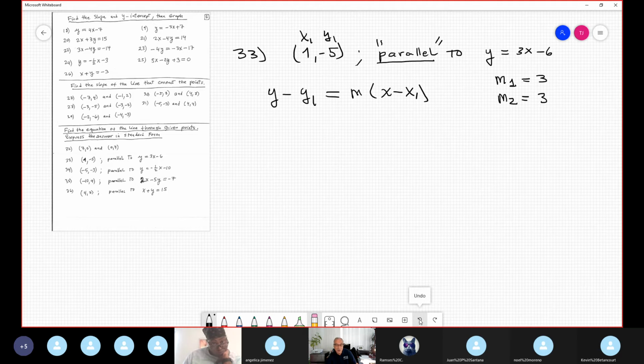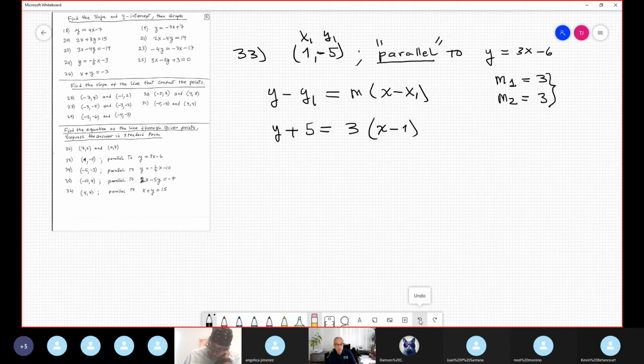Okay, now ready, you copy y minus y1, which gets plus 5. Look, double negative: negative of the formula and negative of the y1 value is positive. It is equal to the slope, 3, times parenthesis x minus x1, which is 1.